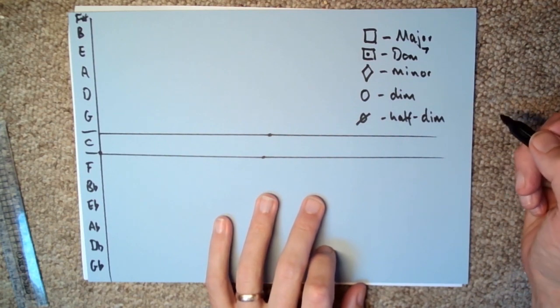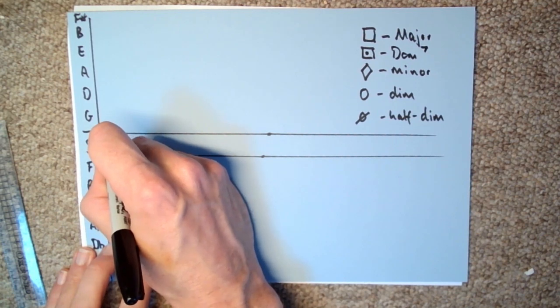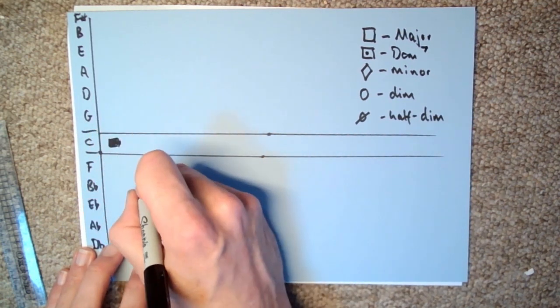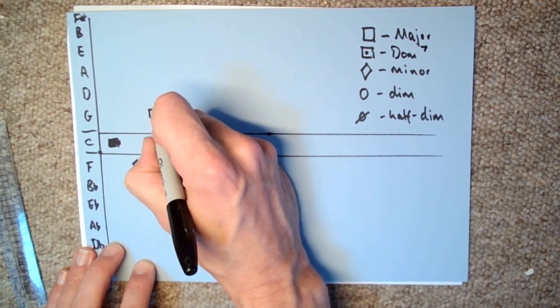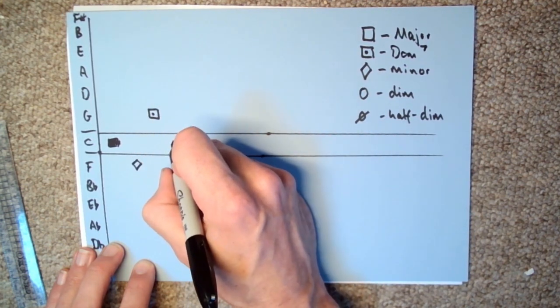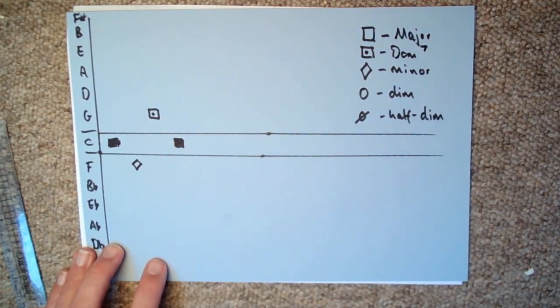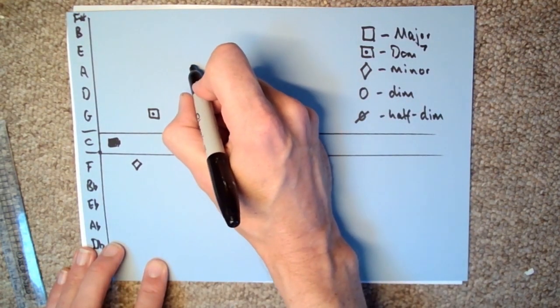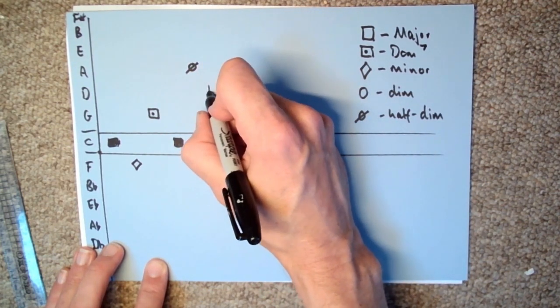So if it was a square on the tonic, filled in square on C. That's my first chord. Then I have F minor, that's here. Then I have G7, that's my filled in square, like that. And then I go back to C. That's the tonic, it's filled in. Then I had A half diminished, that's up here, so we could put in a half diminished there.